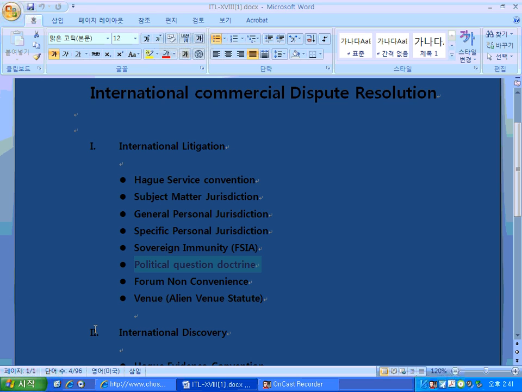And in some cases, it may involve foreign affairs, which should be exclusively reserved. Actually, of course, it is not a matter.